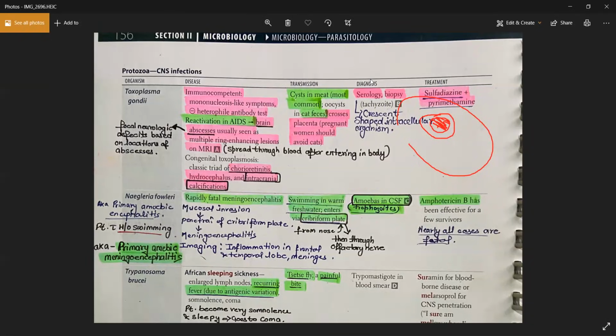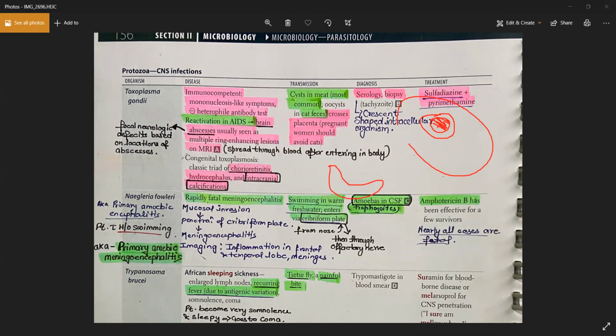Okay, so on the serology or on the biopsy of the patient, you will get this kind of structure of the organism. This is a crescent shape. So on the biopsy of the patient, what you will see is a crescent shaped organism, and it is intracellular. Very important. These are intracellular organisms.